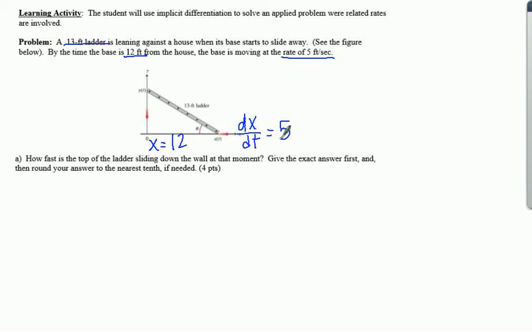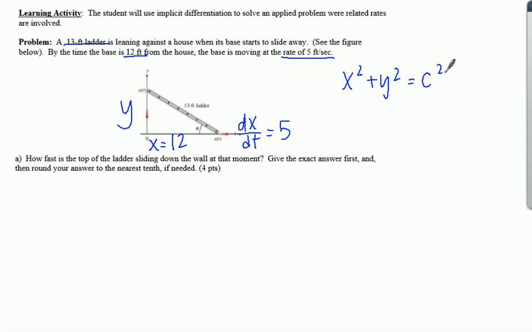So first of all, if we know how long the ladder is and our x value, then we can use that to find our y value using the Pythagorean theorem. x squared plus y squared equals, let's call it c squared for the hypotenuse.